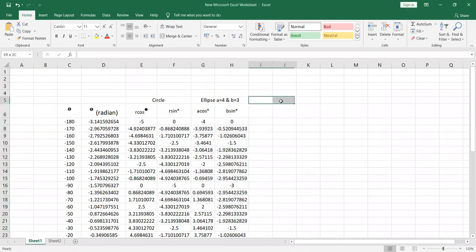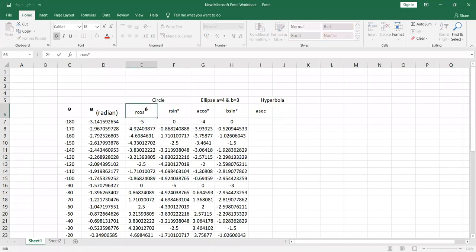Next is hyperbola. So let me write here hyperbola. For that we have to use again two equations, for the x-axis and for the y-axis. Along the x-axis, let us take the value as a sec theta.